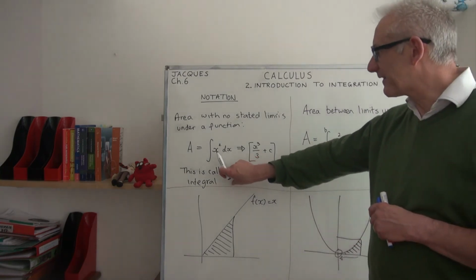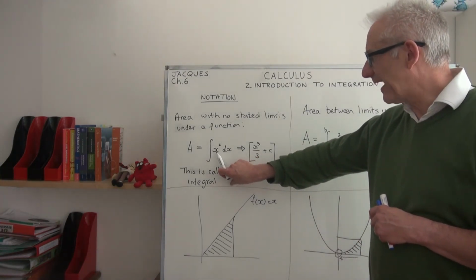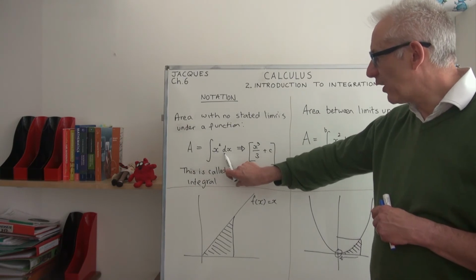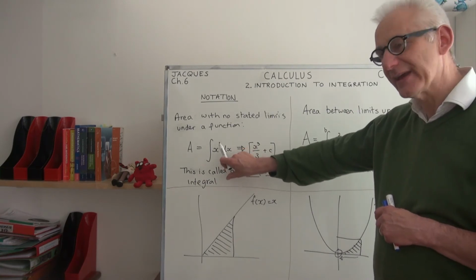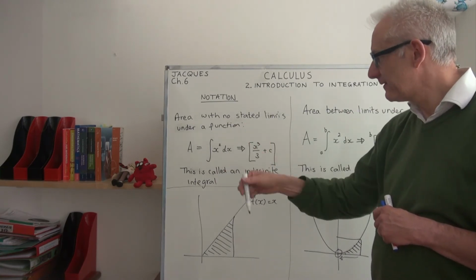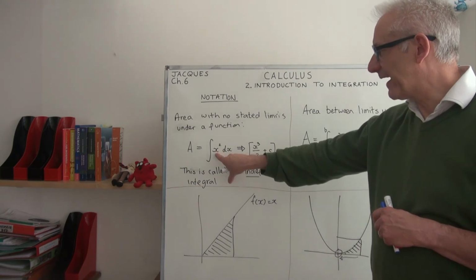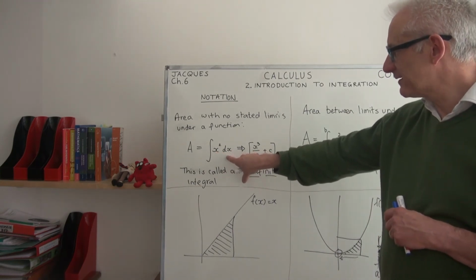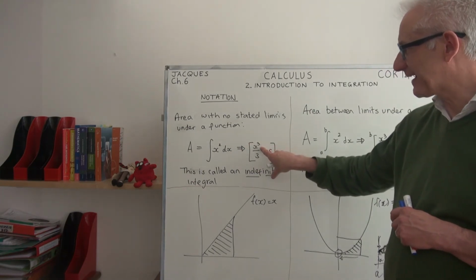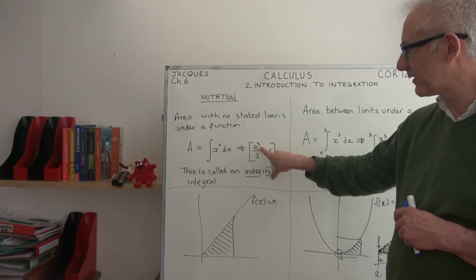So we take the height of the function x squared over a very small increase in x. We multiply the two together to get an area, and sure enough, if you've got x squared and you're multiplying it by something in x, you certainly expect to get x cubed coming out of the equation.